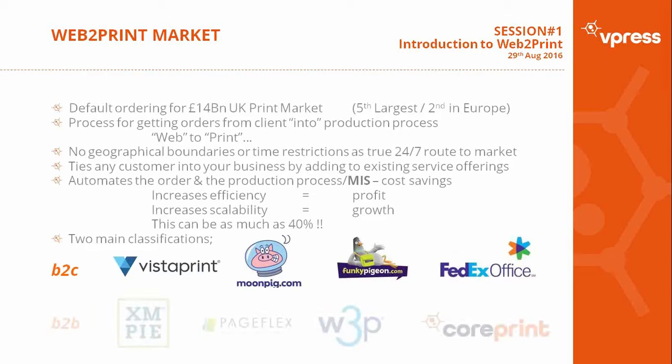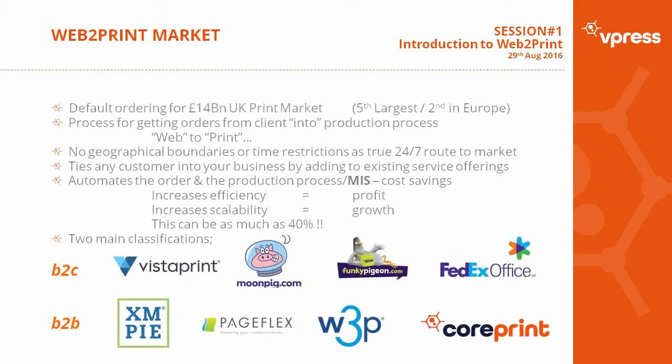The second sector is B2B, and the UK had 58 companies offering Web2Print services 6 years ago. There's approximately 12, 13 at the moment, and these are just a selection of some of them. XMPie from Xerox, PageFlex, a long-term provider, W3P, which is printing.com, and indeed CorePrint, which is our own product, which I'll give you a little demo of in a couple of minutes' time.